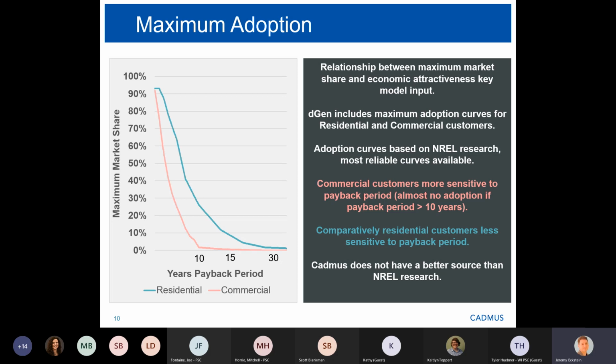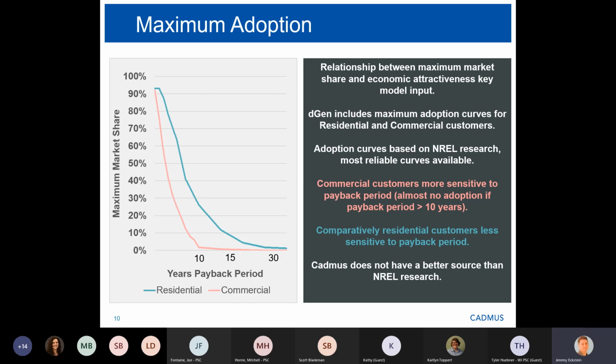This is essentially NREL research about the relationship between payback and what the overall market will bear, based on surveys that NREL has conducted. It shows the adoption sensitivity to cost, or I should say payback, including all of the various financial considerations that go into making that determination.